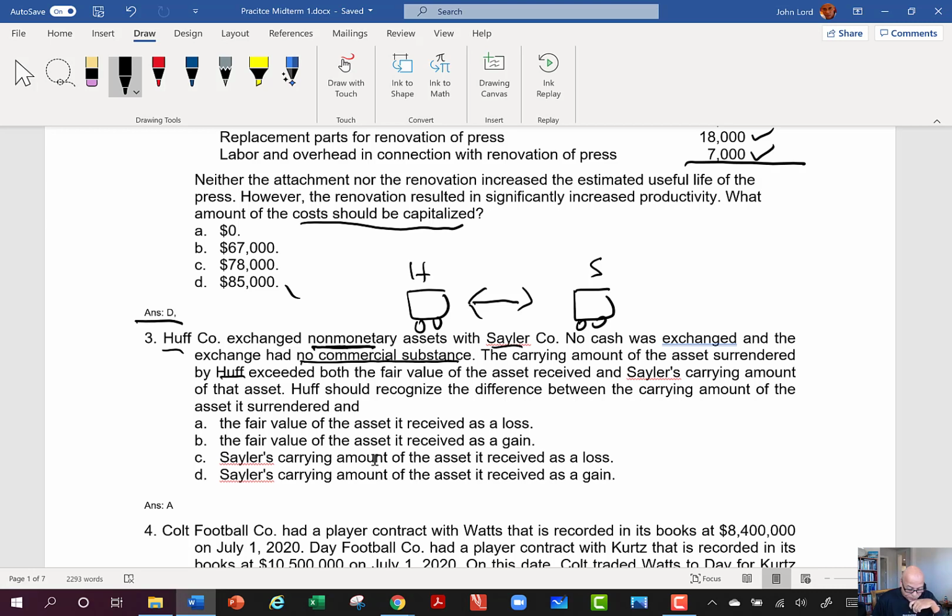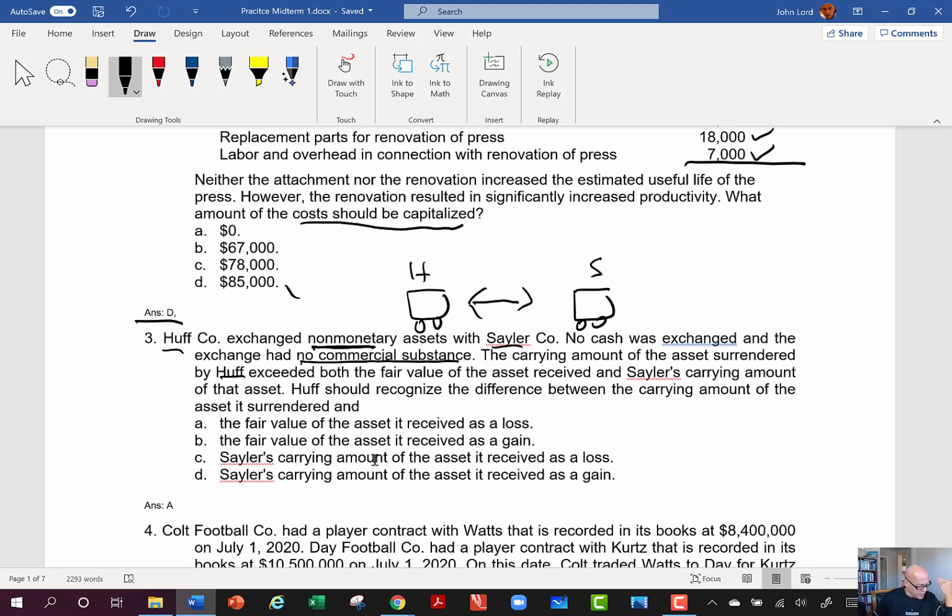Now they tell me that the carrying amount of the asset surrendered by Huff exceeded both the fair value of the asset received and Sailor's carrying amount of that asset. Huff should recognize the difference between the carrying amount of the asset it surrendered, and now they're asking us about gains and losses.